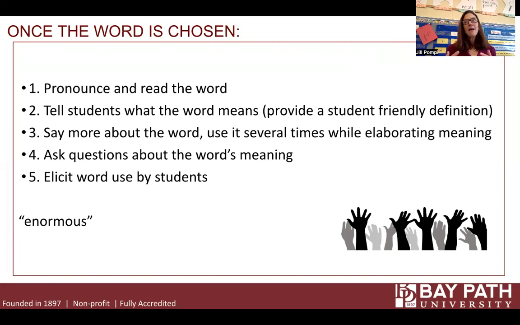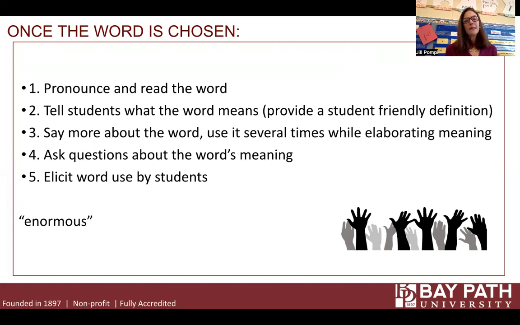Or, since I love ice cream so much, I eat an enormous bowl of it every night. And I'm going to ask questions about the word's meaning, such as, what is the word that means really big? What does the word enormous mean? Would you rather eat an enormous plate of pasta or an enormous plate of chicken fingers?